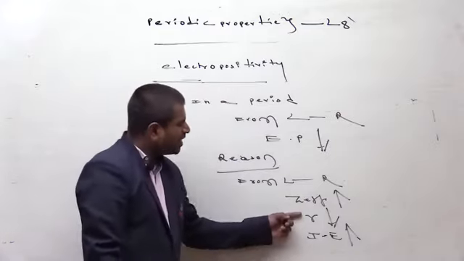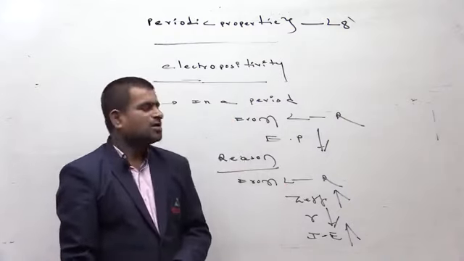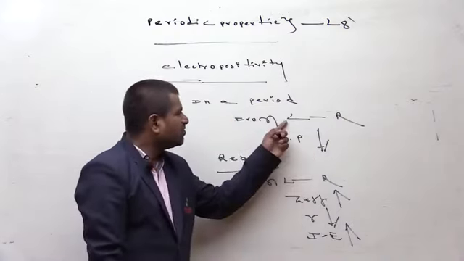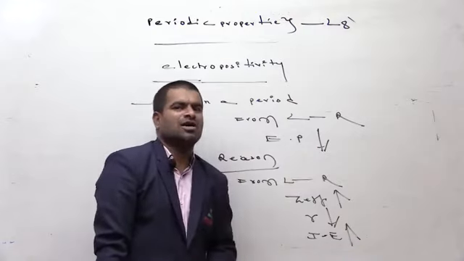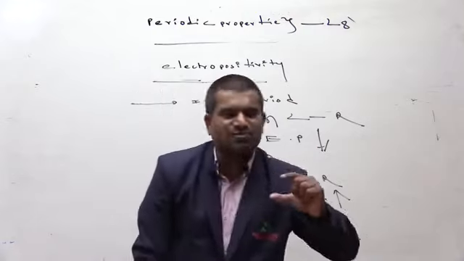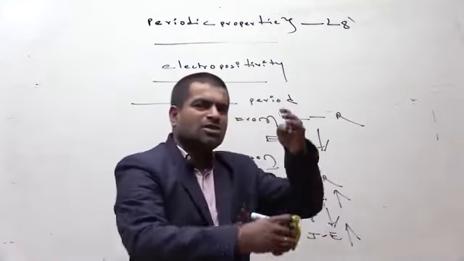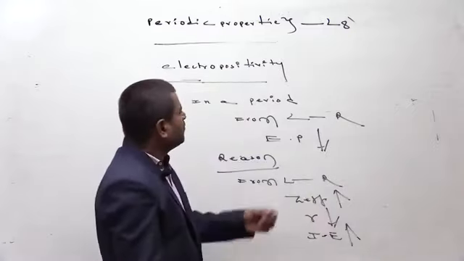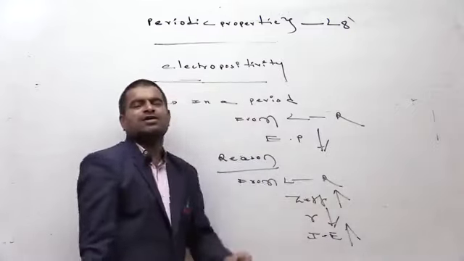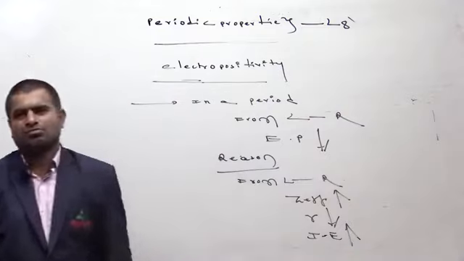The main important point is why electropositivity character decreases from left to right in a period. The nuclear effect on the outermost electron is more, therefore the force of attraction between the nucleus and the outermost electron is more. That is why the outermost electron does not easily leave, therefore electropositivity character decreases in a period from left to right.